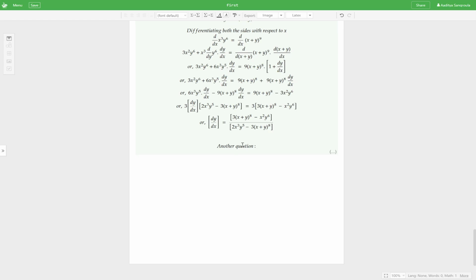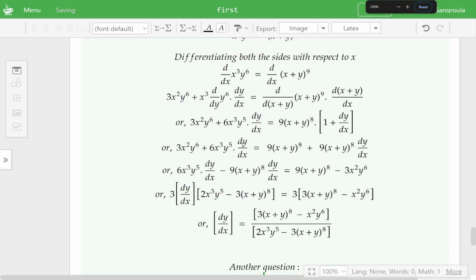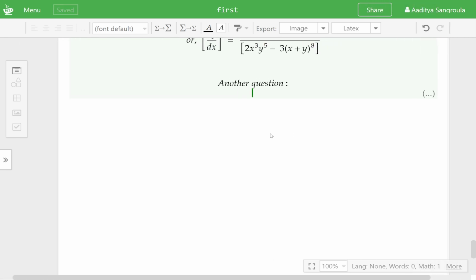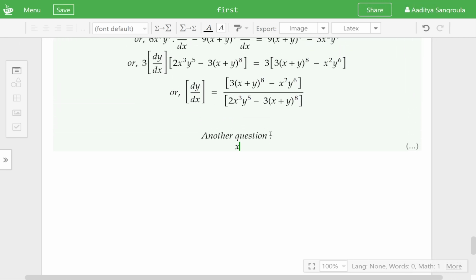Another question is, I can differentiate the function x squared y cubed plus x cubed y squared is equal to a squared.